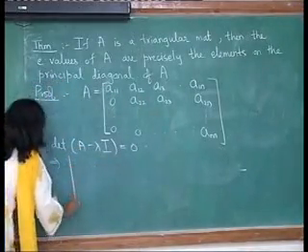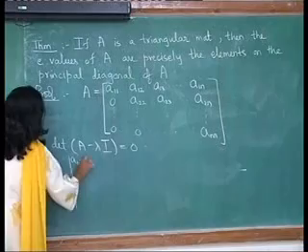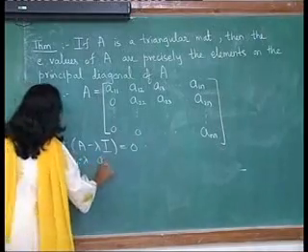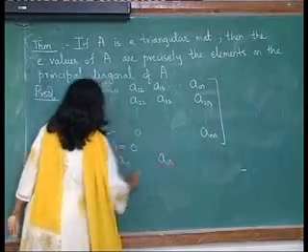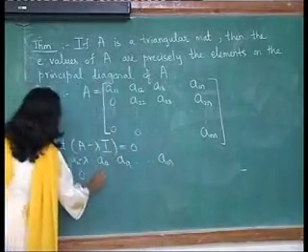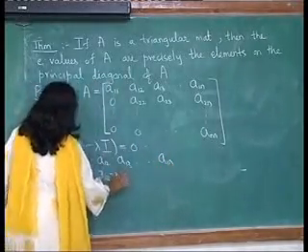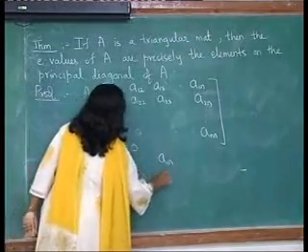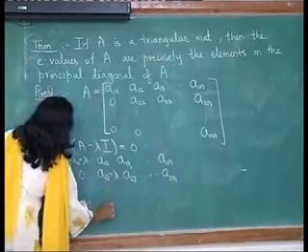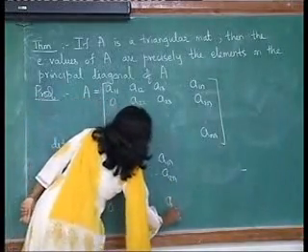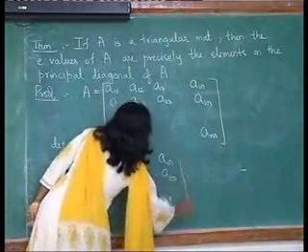So what we get is A11 minus lambda, A12, A13, ..., A1n, then 0, A22 minus lambda, A23, ..., A2n, and so on, down to ANN minus lambda.